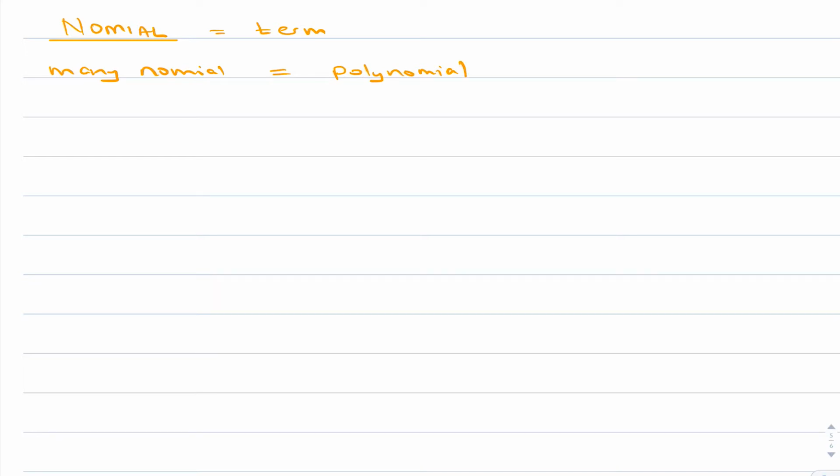So an example of a polynomial would be an expression ax to the power of 0 plus bx to the power of 1 plus cx to the power of 2 plus dx to the power of 3 plus, and it goes on. So that's what we call polynomial. That means many terms. In this polynomial I've written down, I have got 1 term, 2, 3, 4. So that's 4 terms. Hence it's called polynomial.